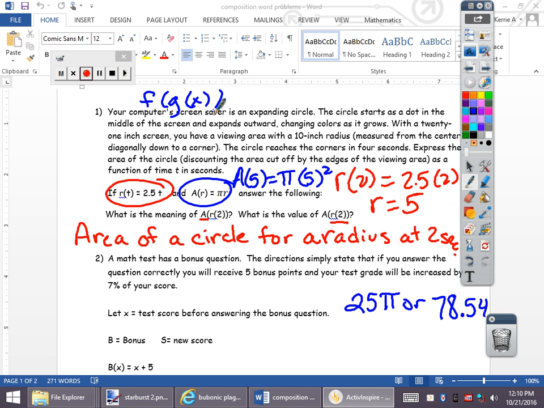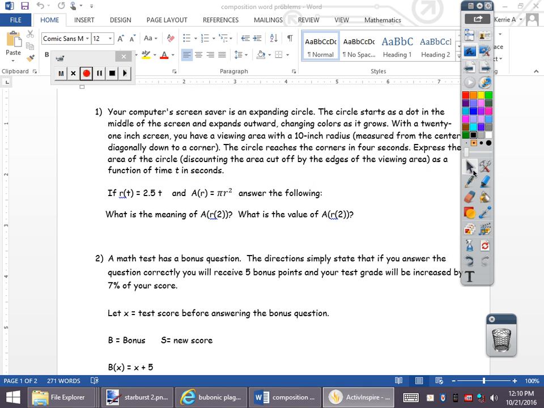Because I knew 2 and 2, it's A of R of t. Okay, clearing this, moving to the next one.